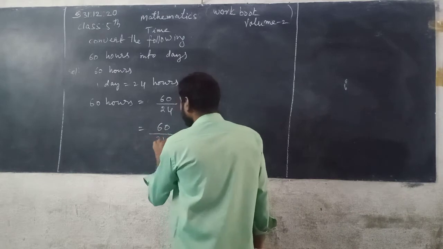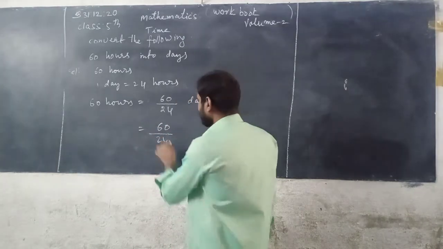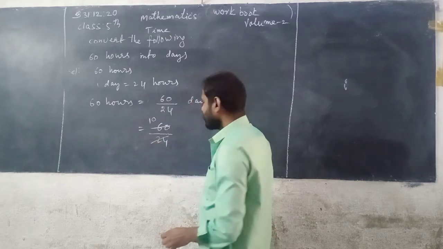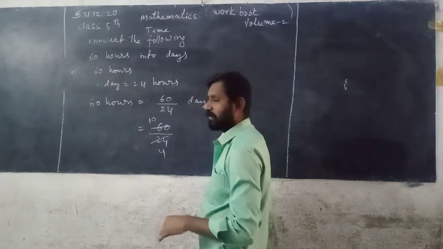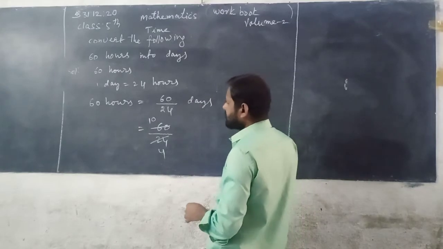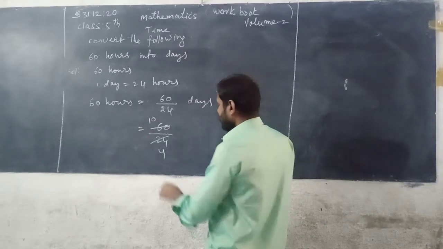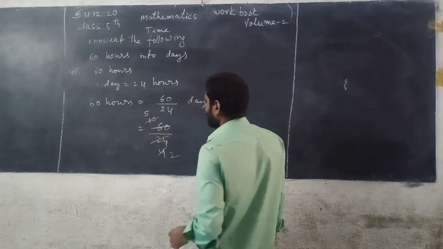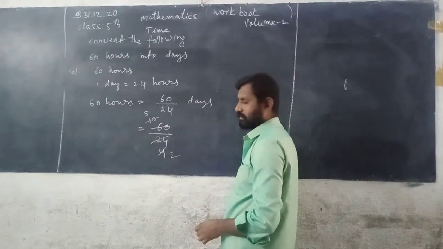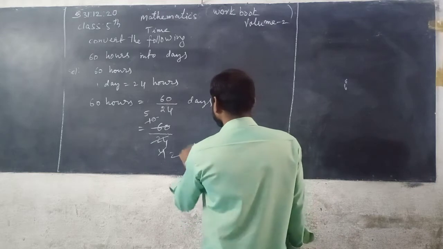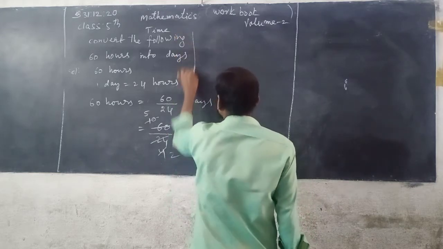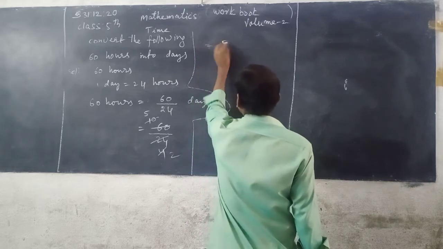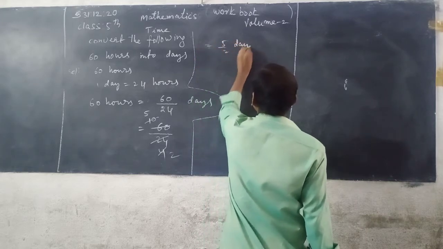60 by 24, we have to take the 6 table. 6 ones are 6, 6 zeros are 0. 6 fours are 24. Next 2 twos are 4, 2 fives are 10. So you get 5 by 2 days.